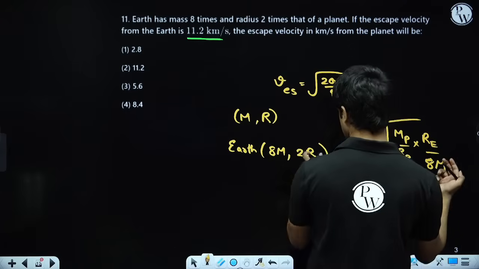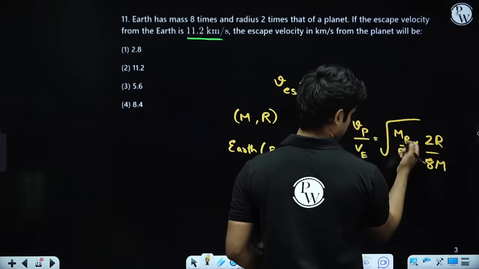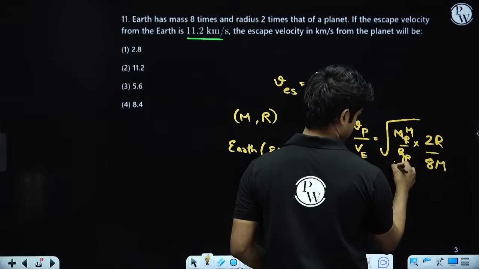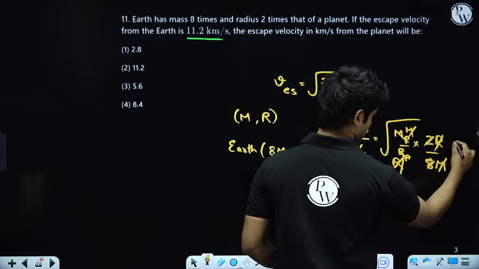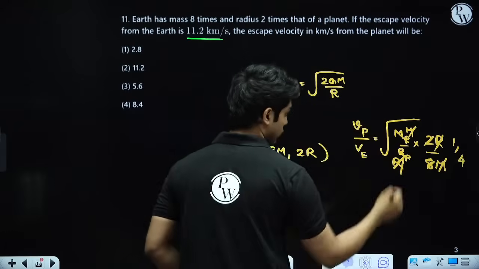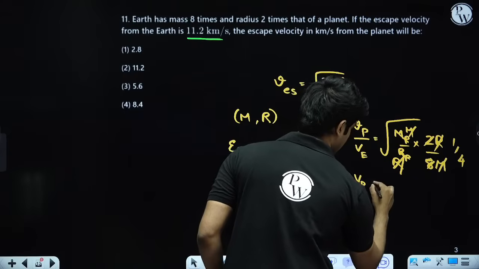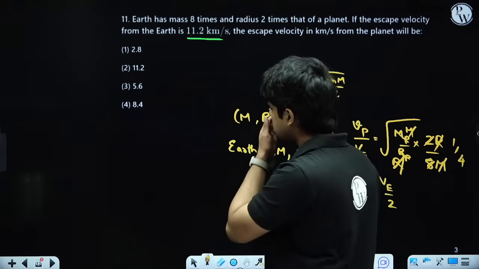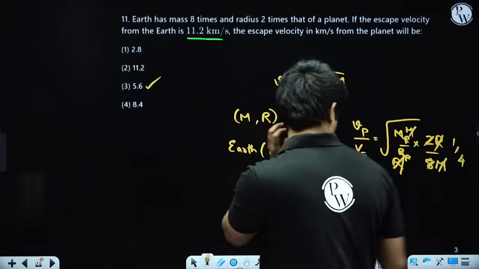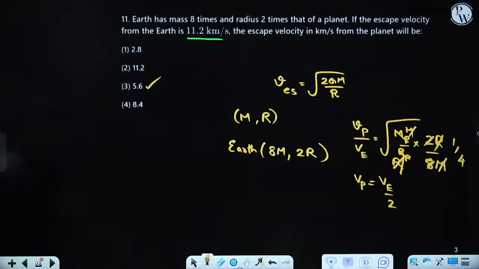Mass of Earth is 8m, radius of Earth is 2r, and this is m and r. So now everything just cancels out. This is 1 by 4. Square root of 1 by 4 is half. So the escape velocity from the planet will be escape velocity of Earth divided by 2. So that will be 5.6. Okay. So this was a formula question.